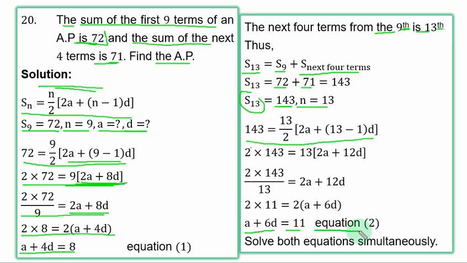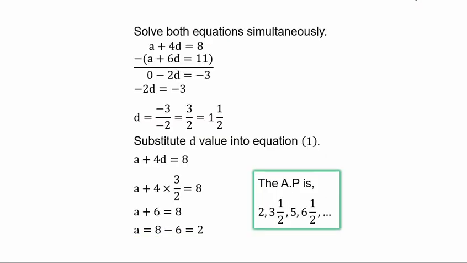That is equation 2. You have to solve both equations simultaneously for the first term and common difference before you can find the AP. Solve both equations simultaneously. You have equation 1, you have equation 2. I'm going to use the method of elimination, and I want to eliminate variable a.